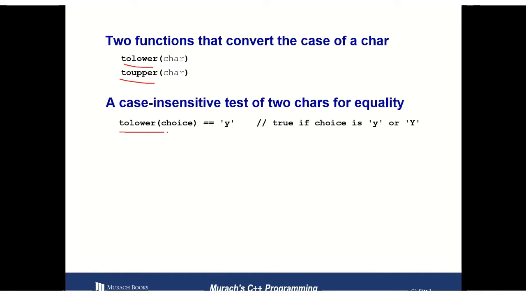So when you say toLower(choice) equals lowercase 'y', it really doesn't matter whether the user enters capital Y or small y, because capital Y is lowercased, and if you put small y, it is also lowercase. If you apply toLower to a lowercase character, it remains lowercase.